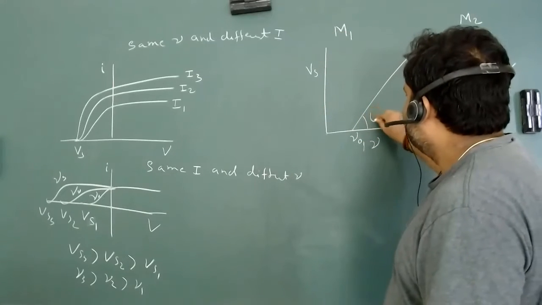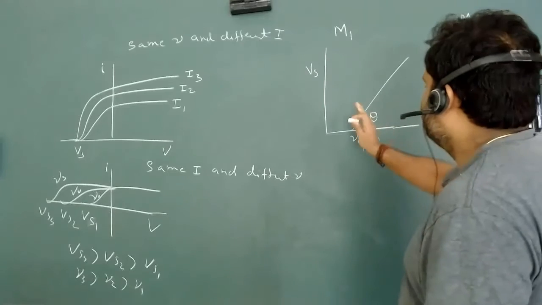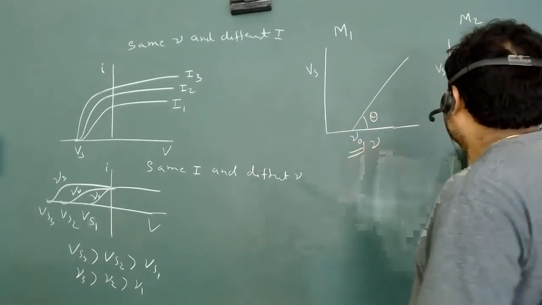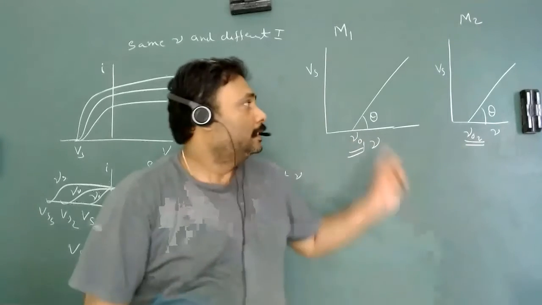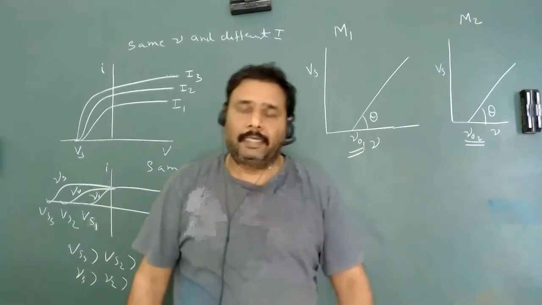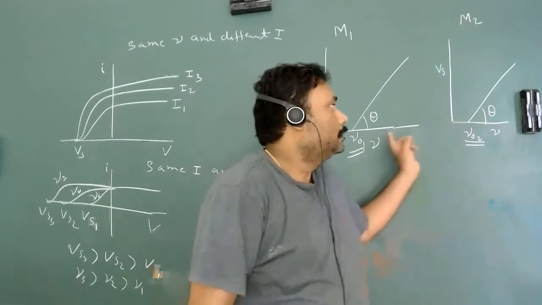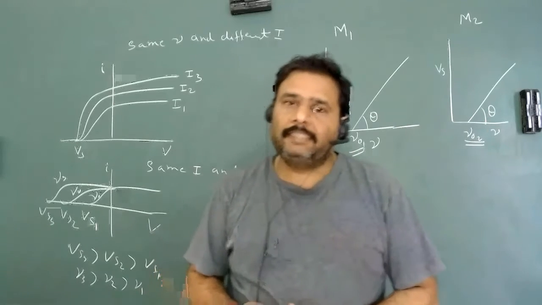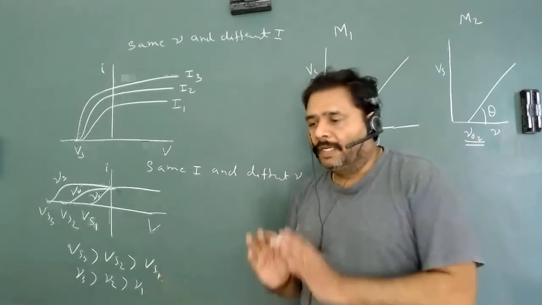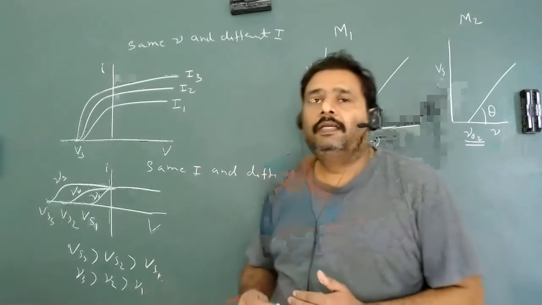He found this angle is the same. He changed the metal, and this value is going to change, this particular value is going to change. But this angle, the slope of this straight line, and this curve is approximately a straight line, this slope is the same.